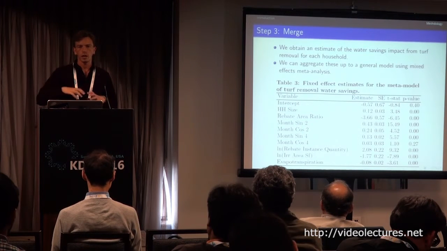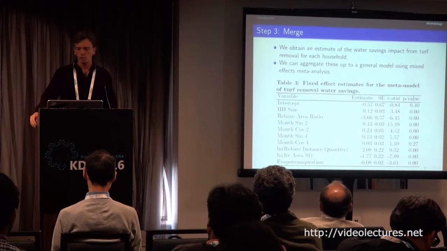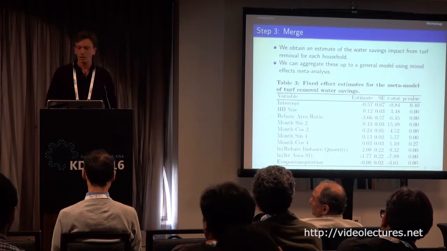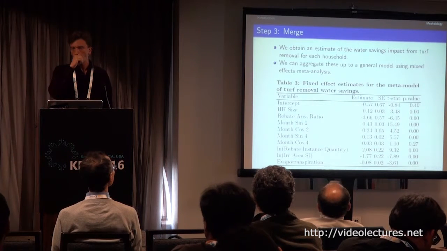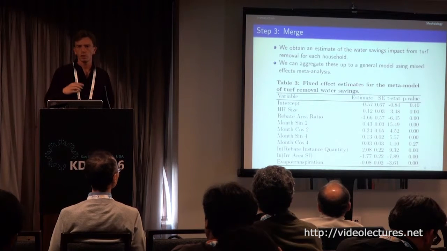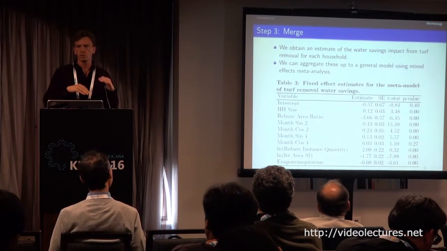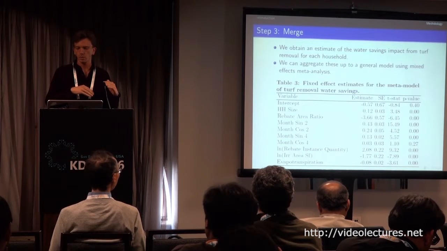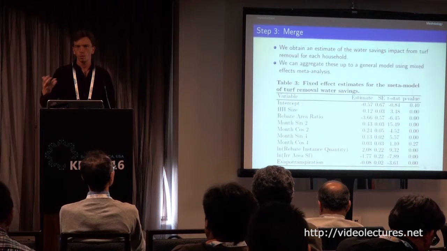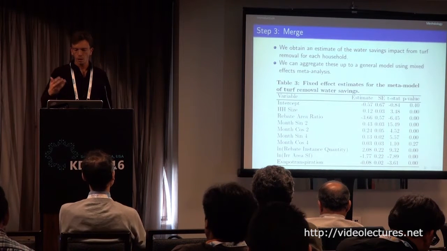But in order to get an overall estimate, we use a mixed effects meta-analysis model where we're able to take not only the water savings estimates, but also the credible intervals produced by the Bayesian structural time series model and produce a weighted estimate for these savings.